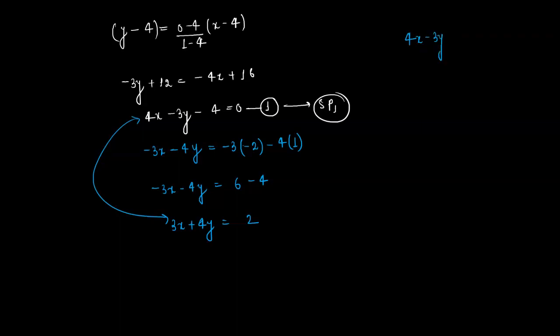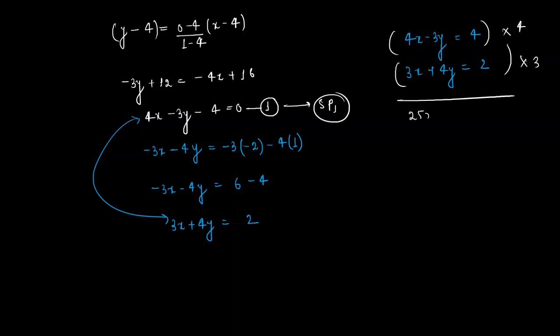4x minus 3y is equal to 4. 3x plus 4y is equal to 2. So let us solve these equations. Multiply this equation by 4 and this equation by 3 and sum them. So 16 plus 9 will be 25x, and 16 minus 6 will be 10.